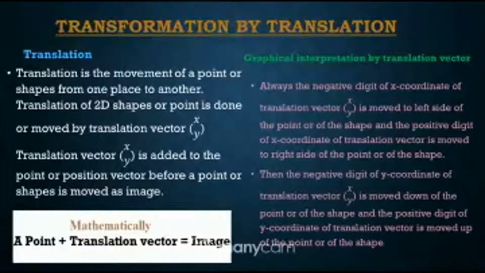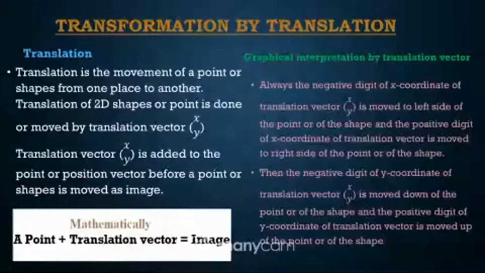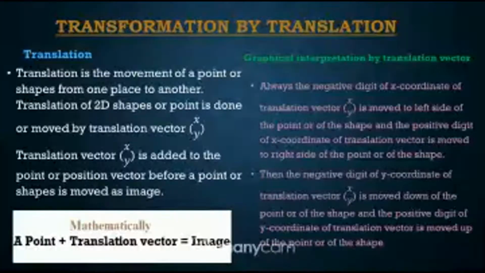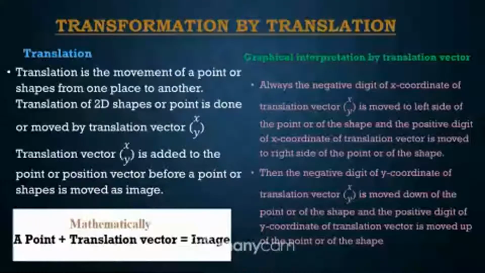It either moves right on the x-axis or left on the x-axis, where there are negative and positive values, or moves up on the y-axis where there are positive numbers, or down on the y-axis.